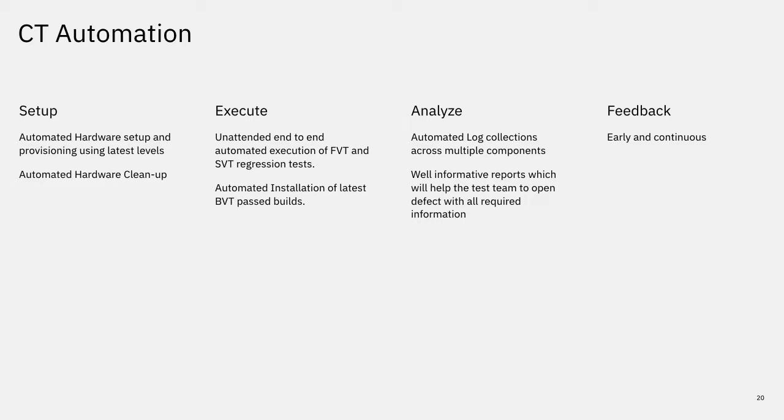Then in terms of execution, you should have test scripts that are able to run unattended end to end, whether they are FVT or SVT regression tests. You should be able to run those without any manual intervention. You should have automation to that level.